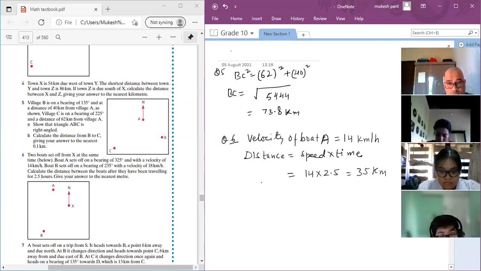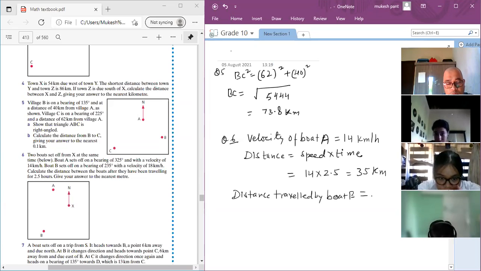And the distance traveled by the other boat, boat B. Boat B's speed is 18, and the time is the same, 2.5.